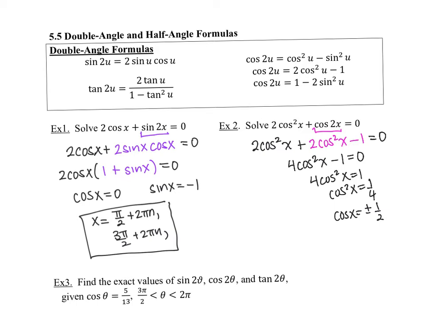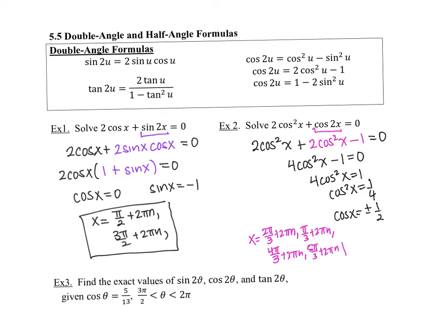So what are my solutions? Okay, I'm going to write it 2 different ways so you can see the 2 different ways to write it. I could just list out all the points. Pi over 3 plus 2 pi n, oh, I skipped that one, then 2 pi over 3 plus 2 pi n, 4 pi over 3 plus 2 pi n, and 5 pi over 3 plus 2 pi n.